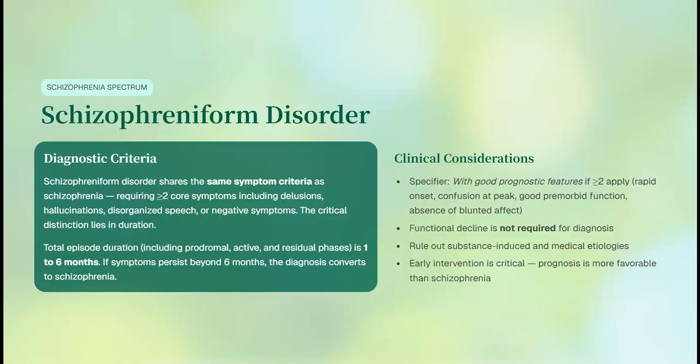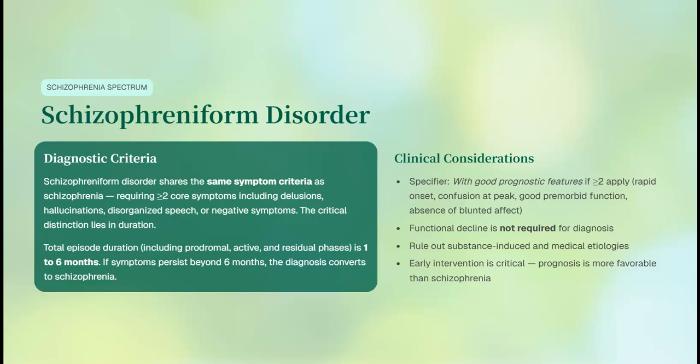Okay, schizophreniform. Schizophreniform disorder uses the same symptom criteria as schizophrenia. They need at least 2 core symptoms, including delusions, hallucinations, disorganized speech, or negative symptoms. The difference is going to be in the duration.